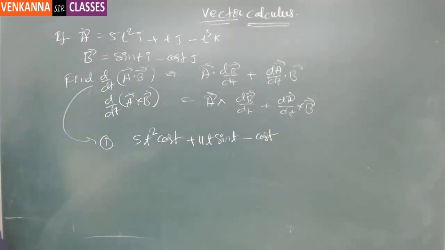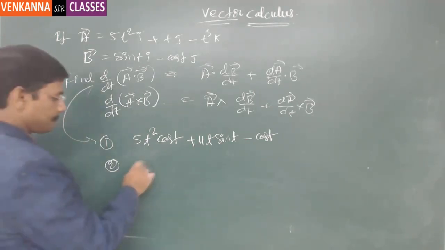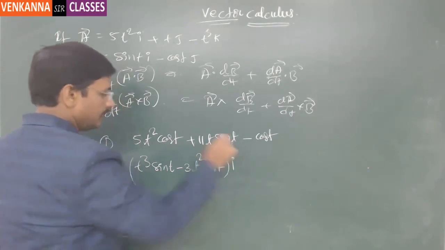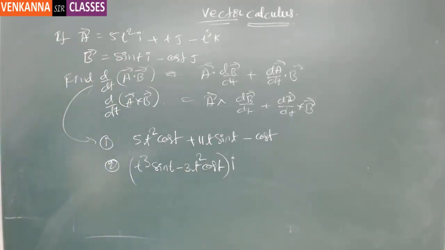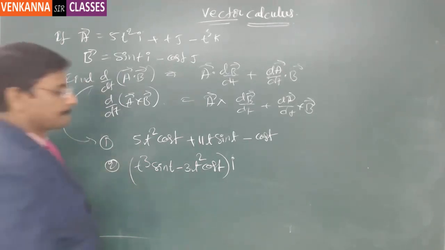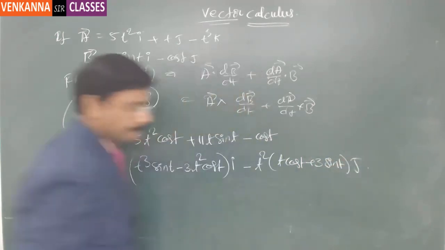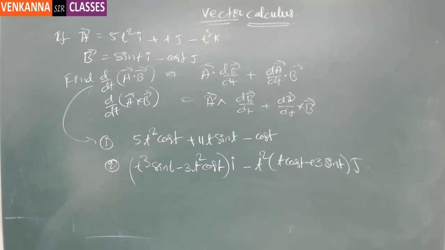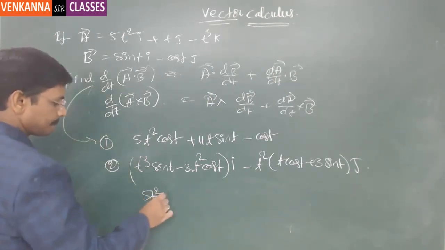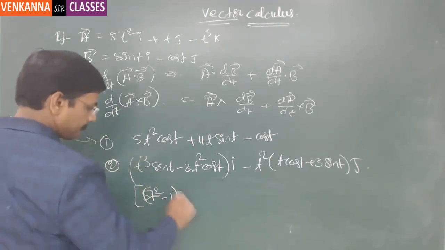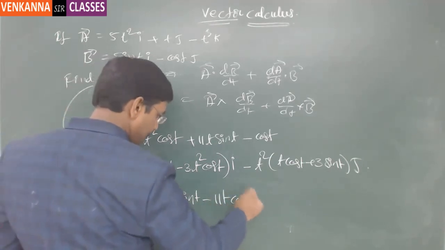This is the first one, and the second one will be a vector: (t cube sin t minus 3t square cos t) times i, minus t square times (t cos t plus 3 sin t) j, plus (5t square minus 1) sin t minus 11t cos t, this is k.